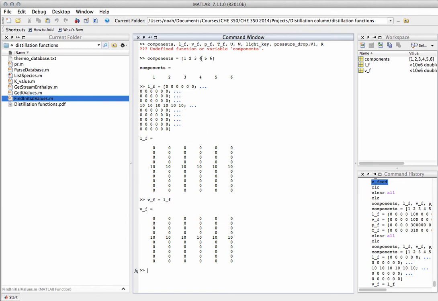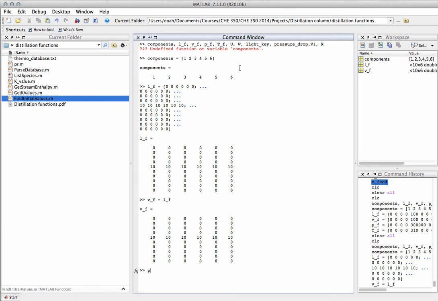Okay, PF and TF are the temperatures and pressures at each feed stage. So again, I'm going to have one of these defined for every stage on the column, but they're going to be 0 for every stage that's not a feed stage. All right, so these have dimensions of n by 1. So they're going to have n rows, 1 column, each row for one of the stages.